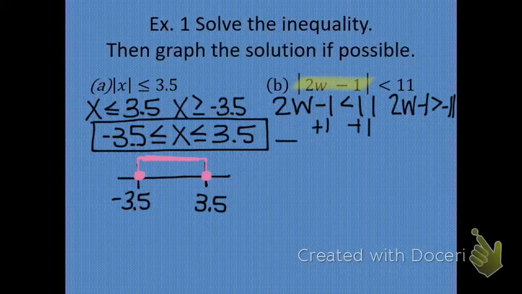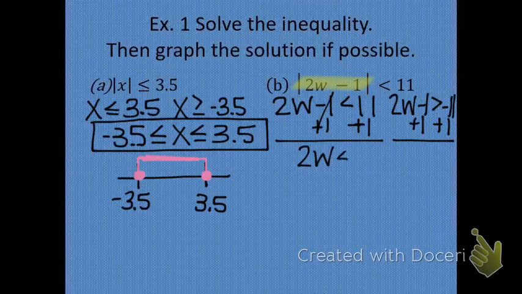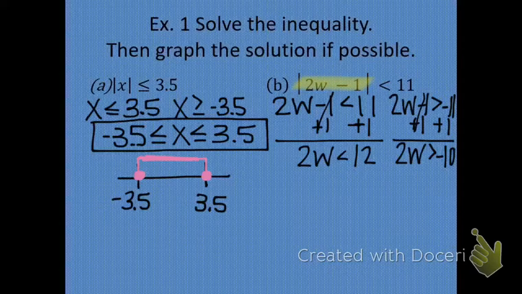And since the left side of both of these is exactly the same, we can work this problem at the same time if we'd like to. So the 1's cancel, and we have 2w is less than 12. Cancel here. 2w is greater than negative 10. All right, and how do we finish solving for w?